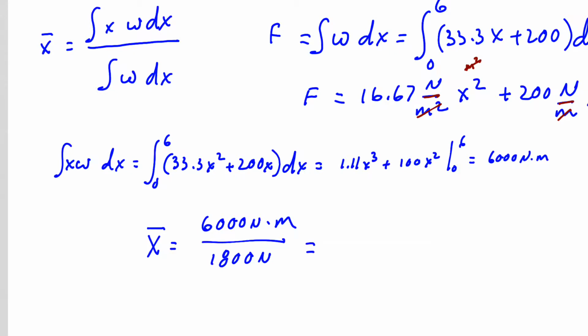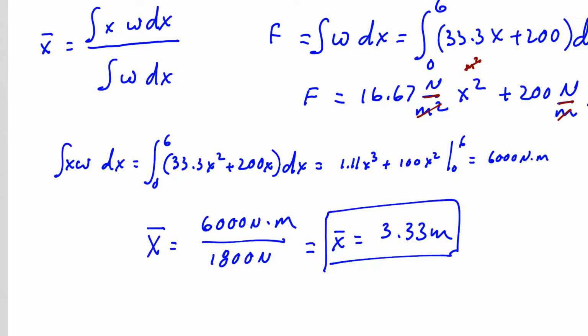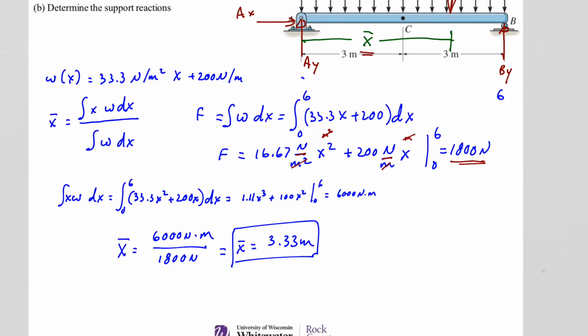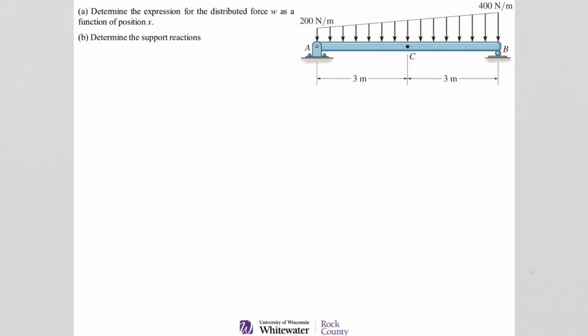And that will equal x bar, which is equal to 3.33 meters. Now we have all the information we need. We know the force is 1,800 newtons, and the location of x bar is at 3.33 meters. Let's evaluate this free body diagram and draw in what we know.